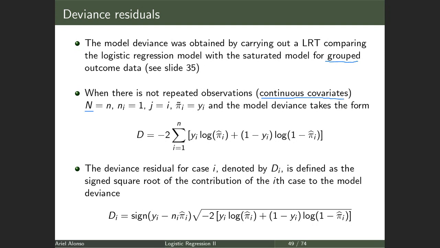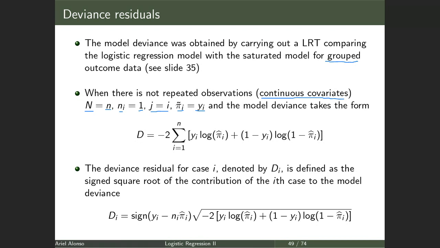Then you have as many different values of your covariates as individuals in your study. How many repeated measurements for every level of your covariate? 1. It's unique now. And then this pi tilde is just going to be the response, because now every vector of covariate values is associated with one and only one person.